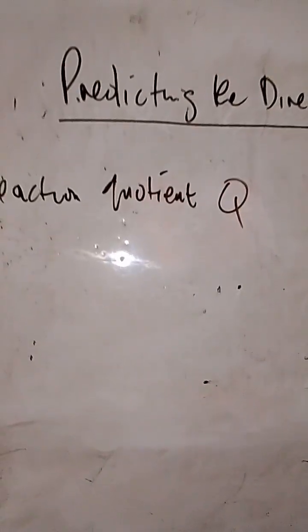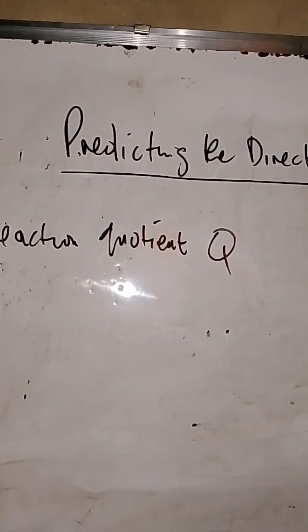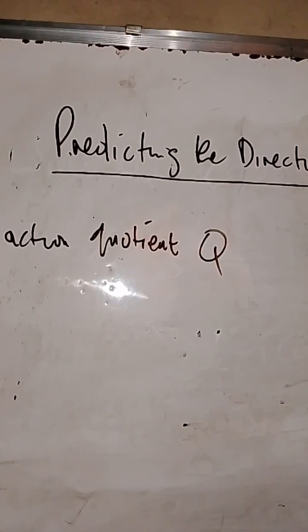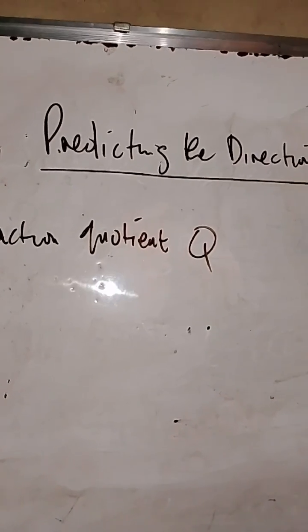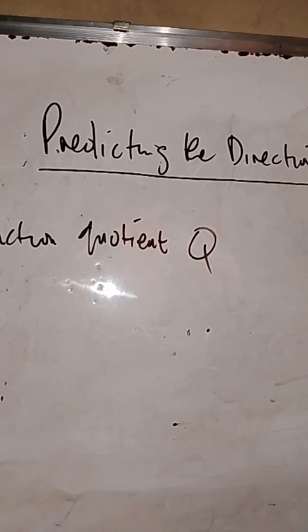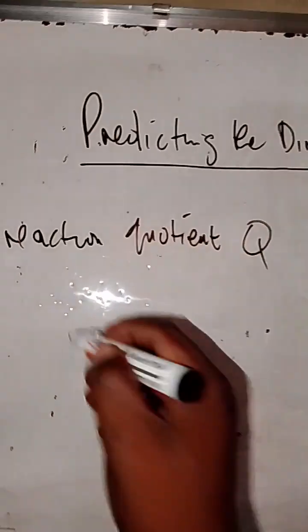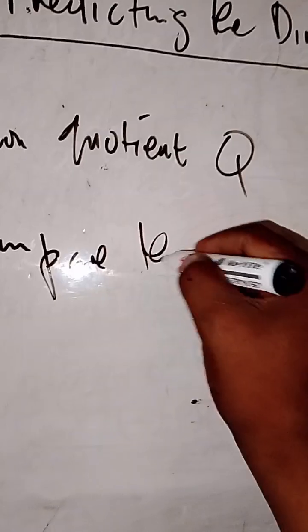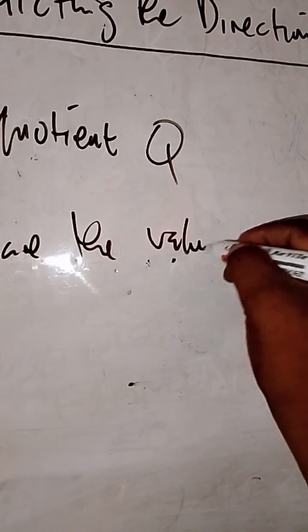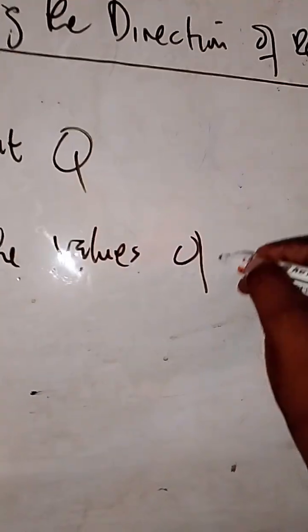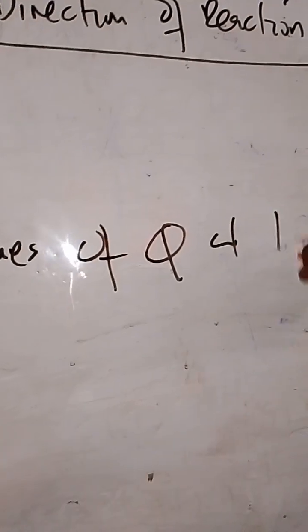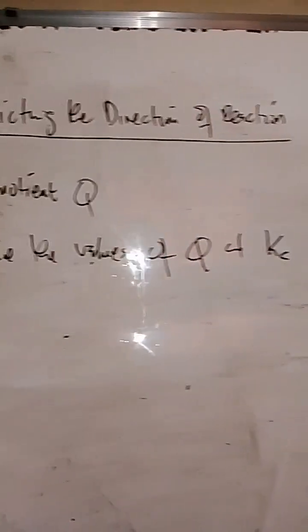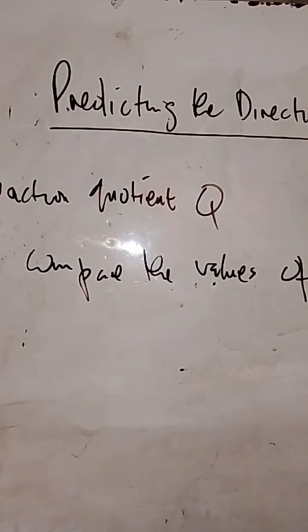So to determine in which direction a system will shift to reach equilibrium, we compare the values of Q and Kc.